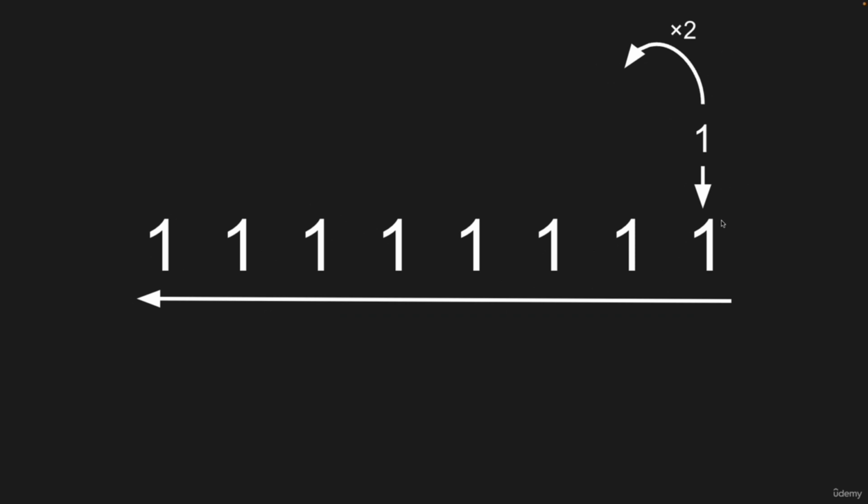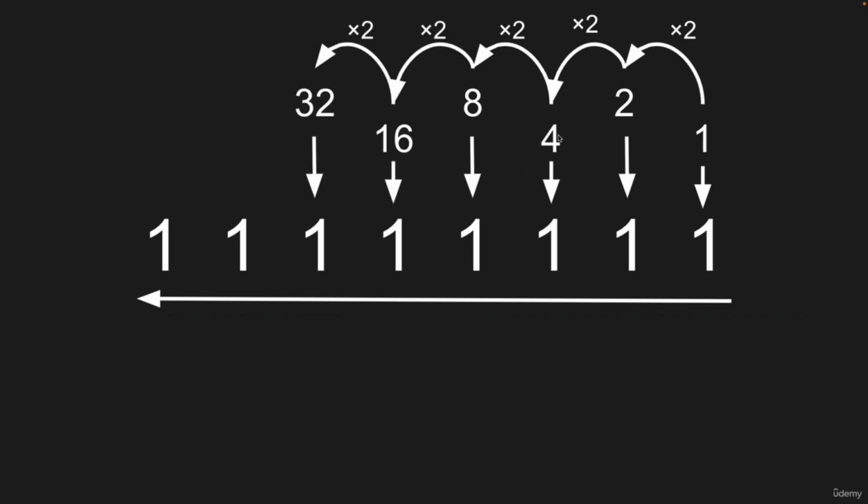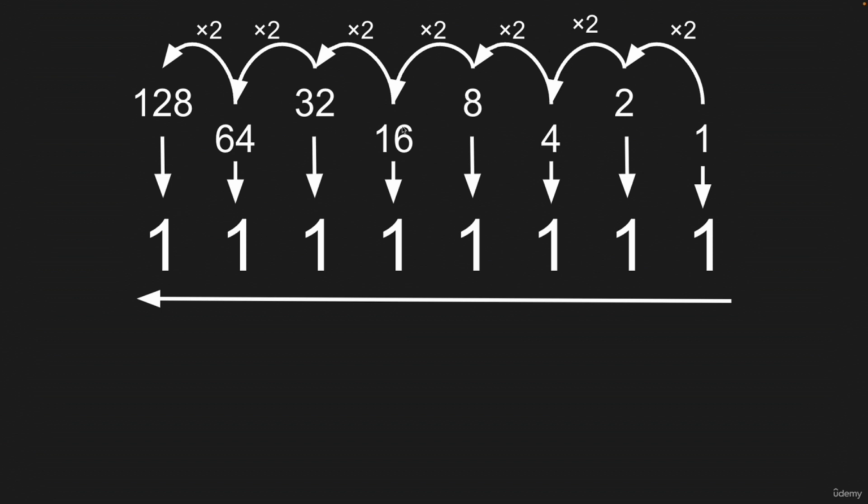And then how do we count further along the bits to create a decimal number? Every time we go to the left by 1 digit or 1 bit, we multiply by 2. So we get 1 times 2, times 2, times 2, then 4, then 8, then 16, then 32, then 64, then 128, because all these are being multiplied by 2.